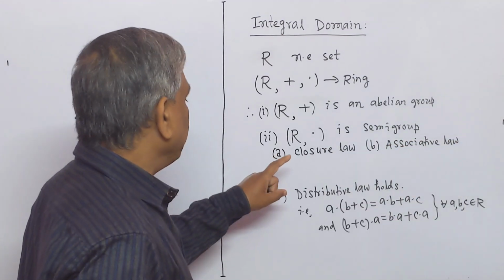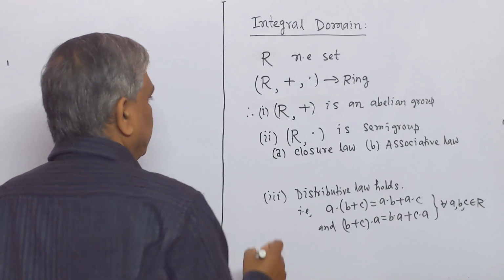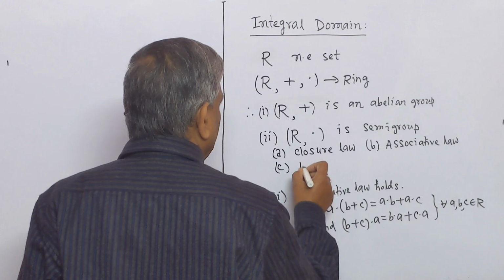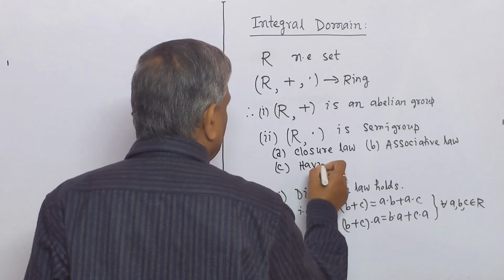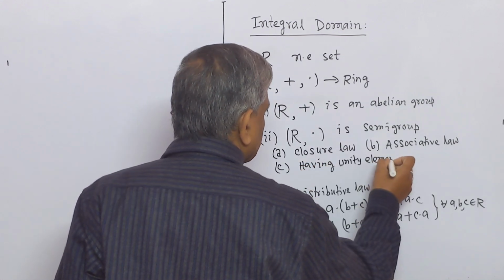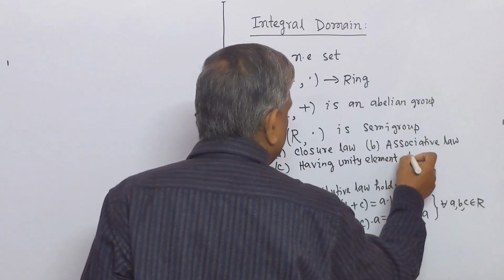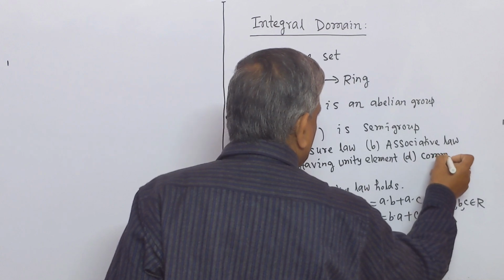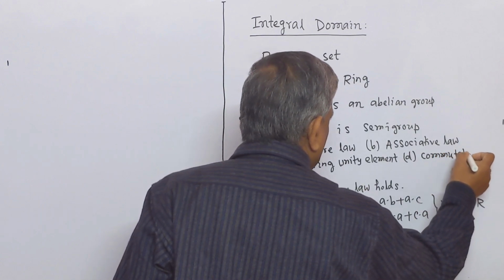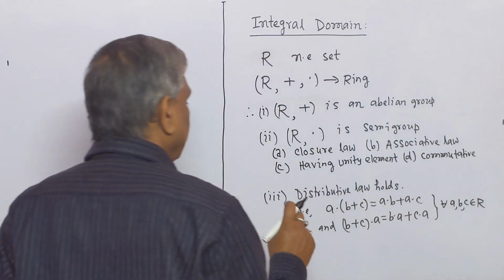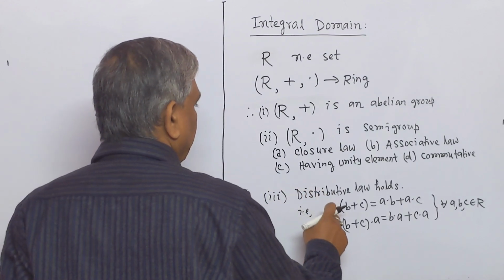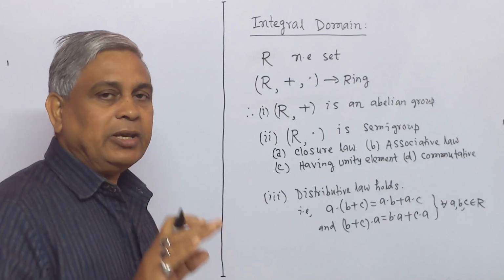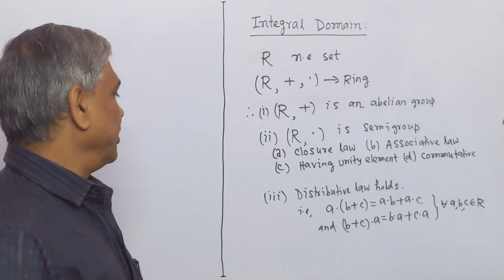If we add to this number C, having a unity element, and number D, commutative, that means if A, B belong to R, then A multiply B equals B multiply A.